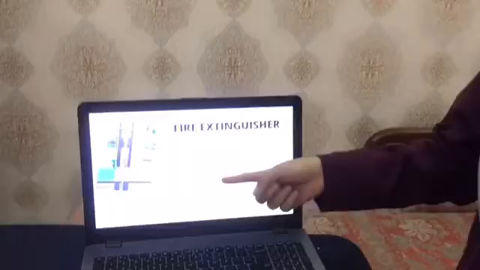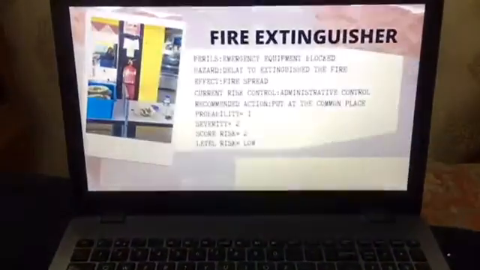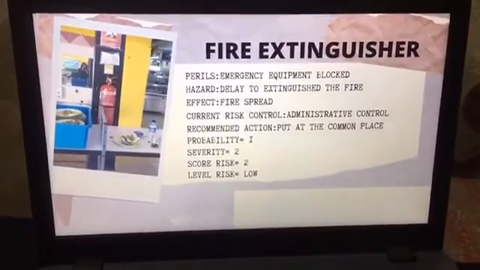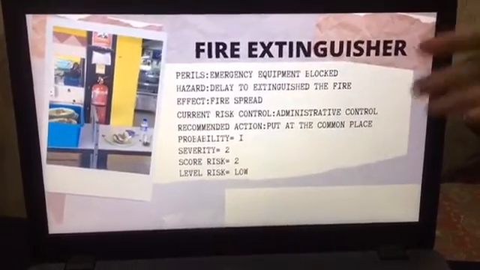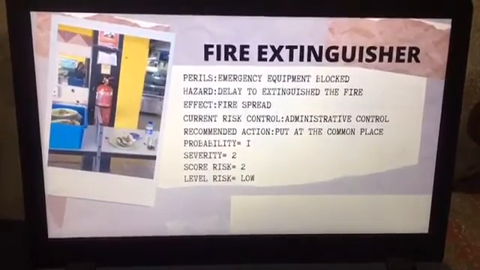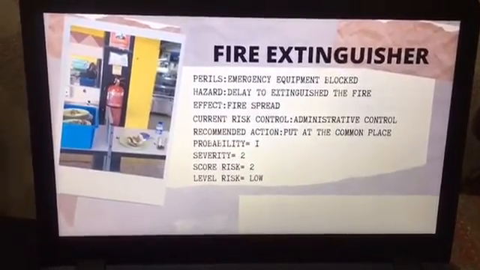The recommendation is to put the fire extinguisher in a common place, a public place, so that in an emergency people can get it easily. The probability is 1, which is annually, and the severity is 2, meaning people might get injured. The risk score is 2, so the risk level is low.